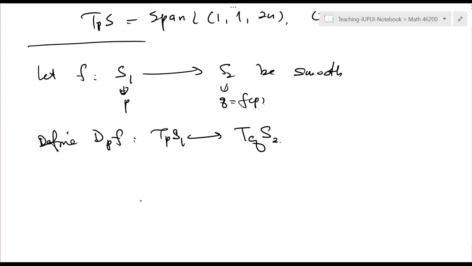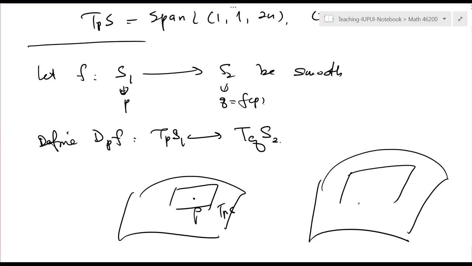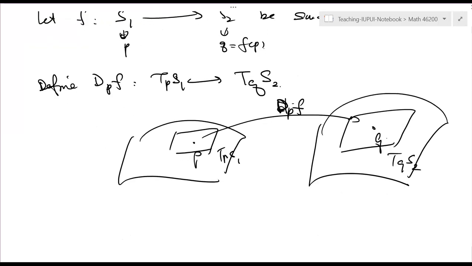So actually, this is a picture again. Here's a point P, tangent space T_P S1. This is Q, tangent space T_Q S2. So this is going to be a linear map from tangent space to tangent space. How can I define it? The definition is very simple. How do we describe a tangent vector?